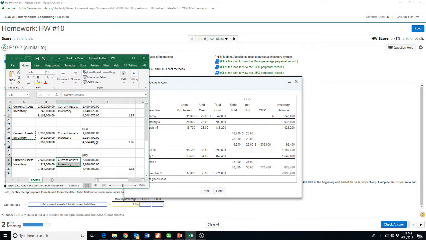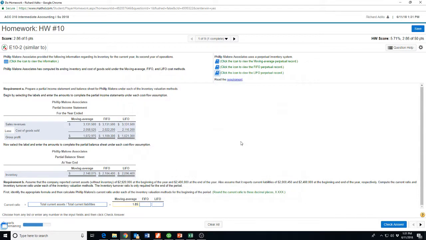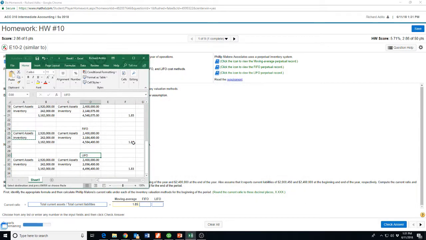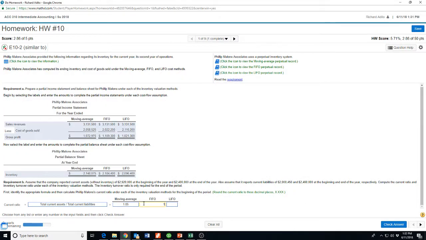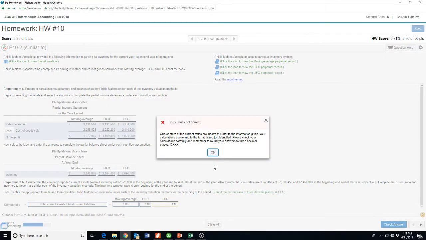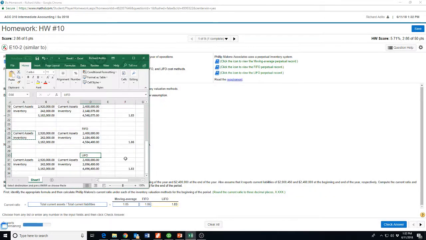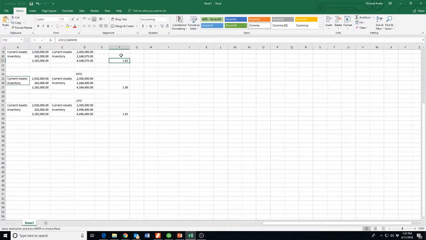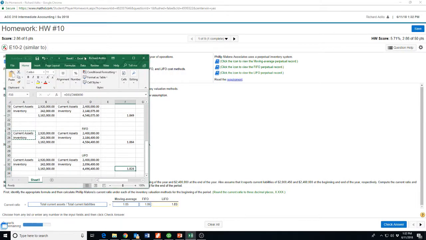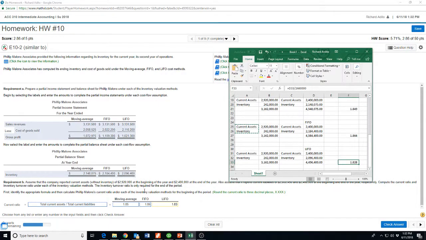So we should have 1.86 under FIFO and 1.83 under LIFO. Oh, it wants 3 decimal places. Sorry, I should have read that.